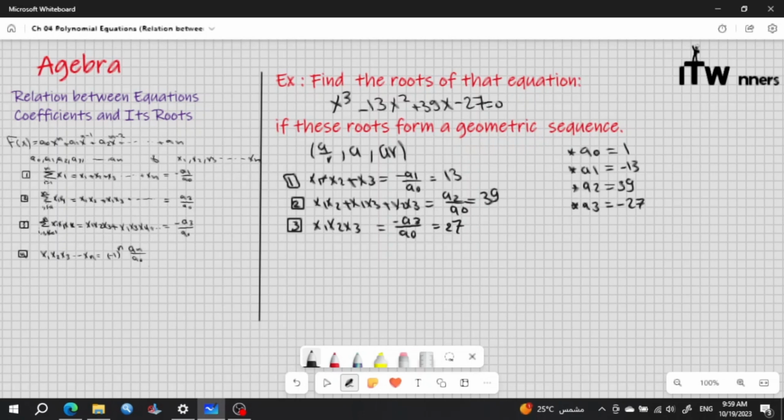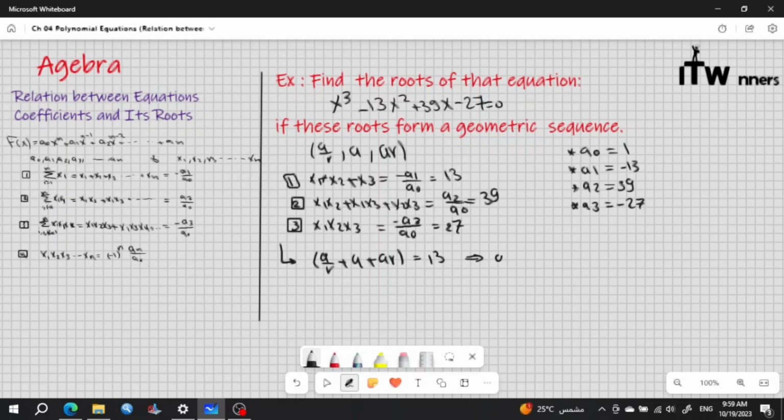Okay, just apply this to our roots. From the first one we have a/r + a + ar equal to 13.